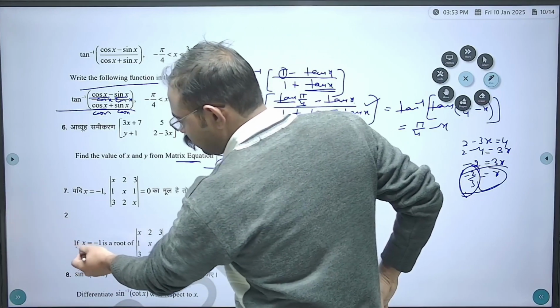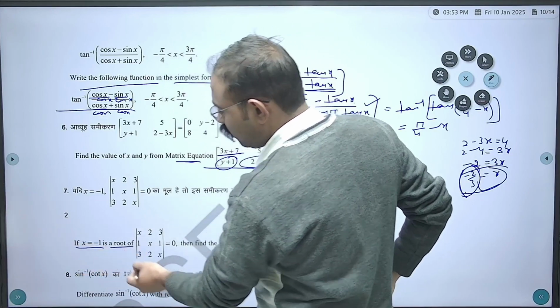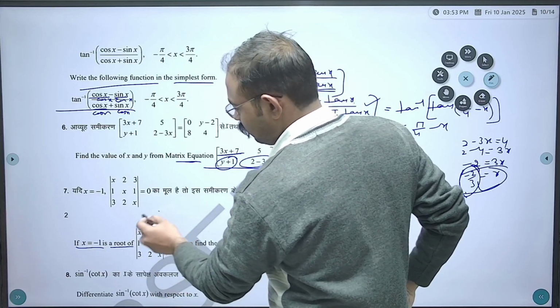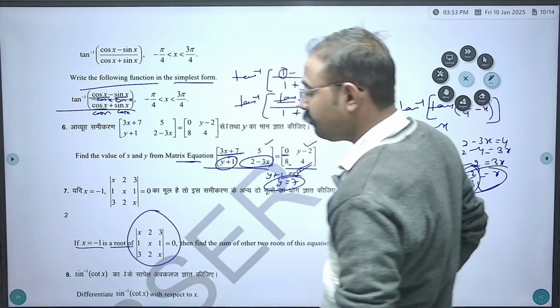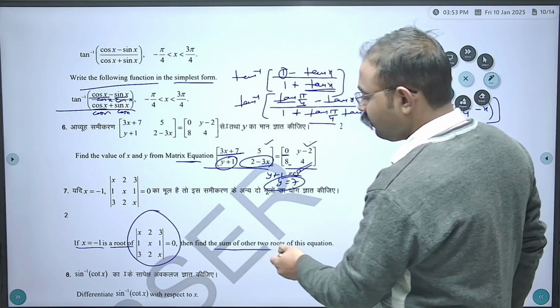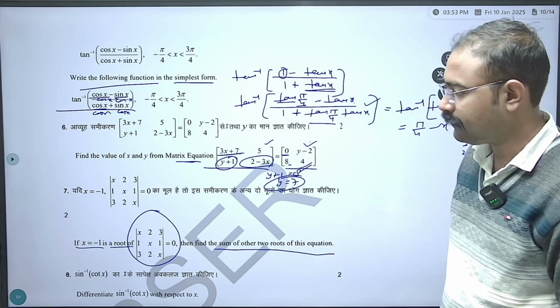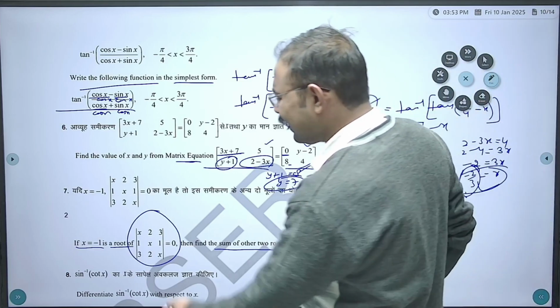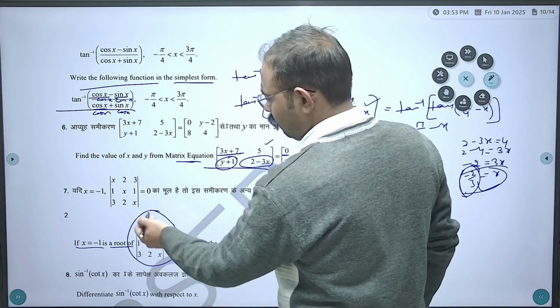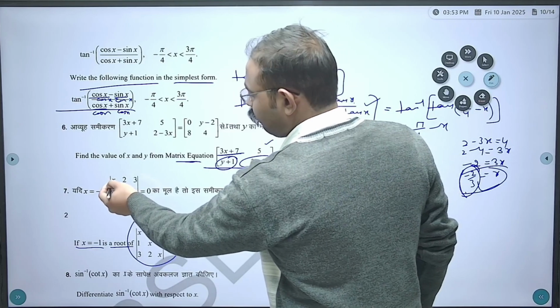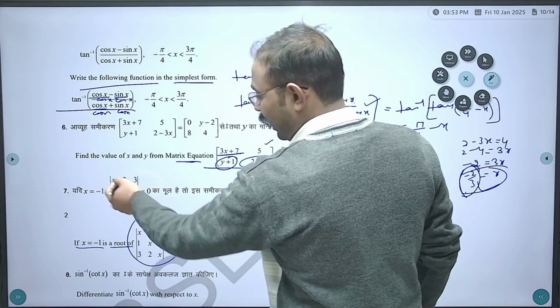If x equals minus 1 is a root of this equation of determinant, then find the sum of the other two roots of this equation. So let's expand this directly along this R1.